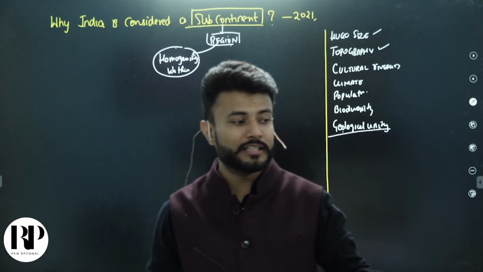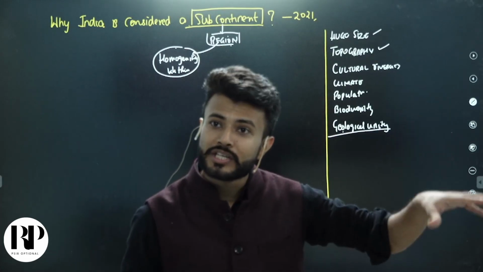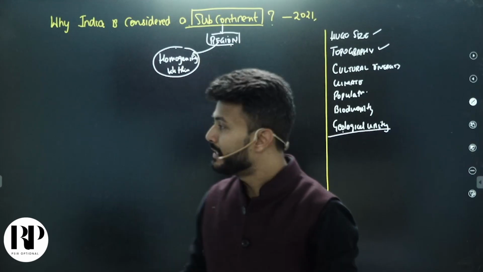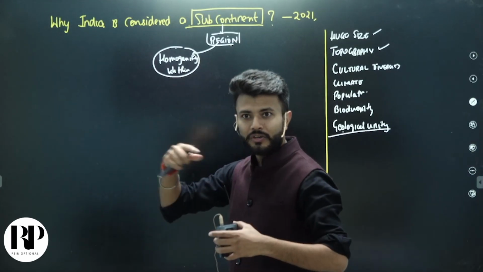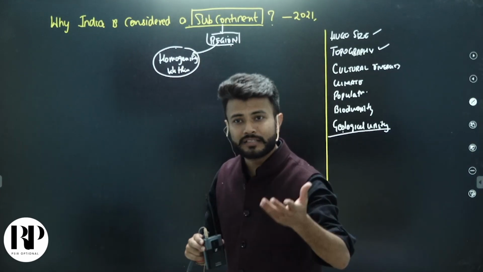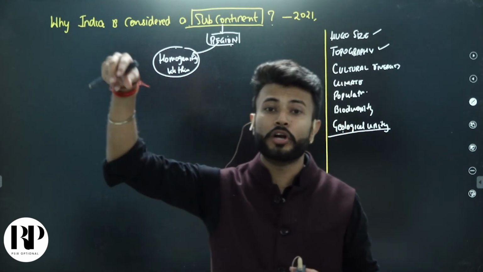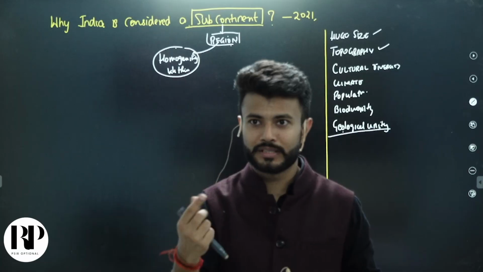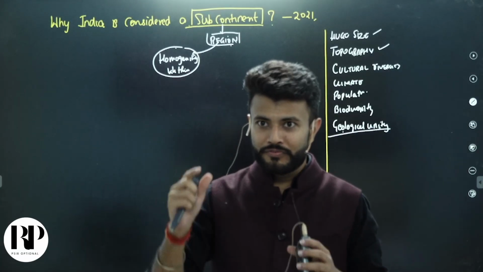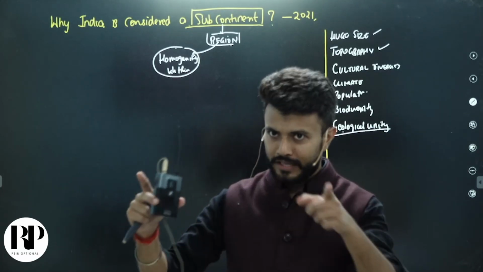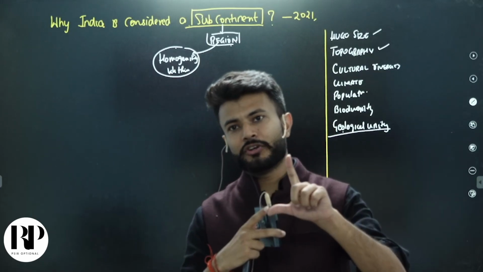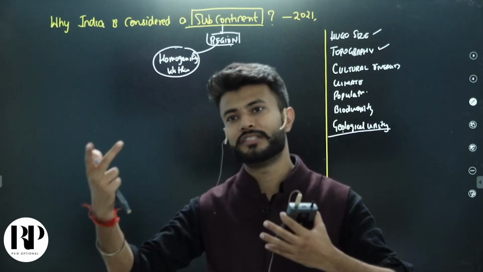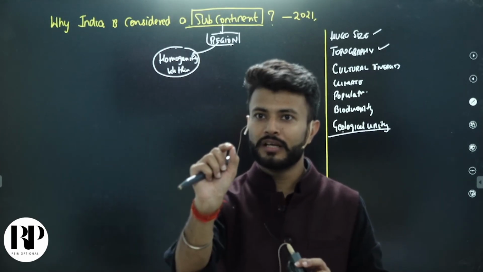If I tell you that this particular region is an agricultural region, that means everything revolves around agriculture. So it has a homogeneity within, a uniformity. If I tell you this is a political region, everything revolves around polity. If some place has agriculture, industry, and this and that, that will be a mixed region, not a conventional region.